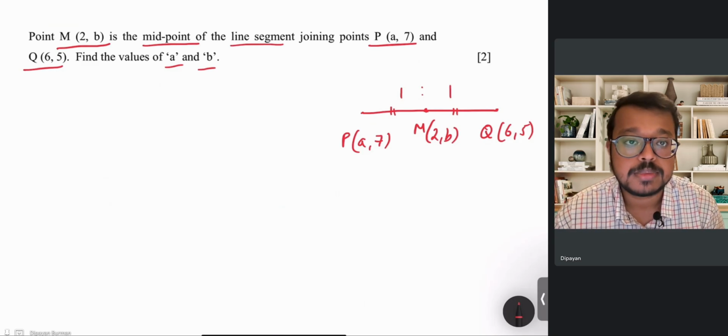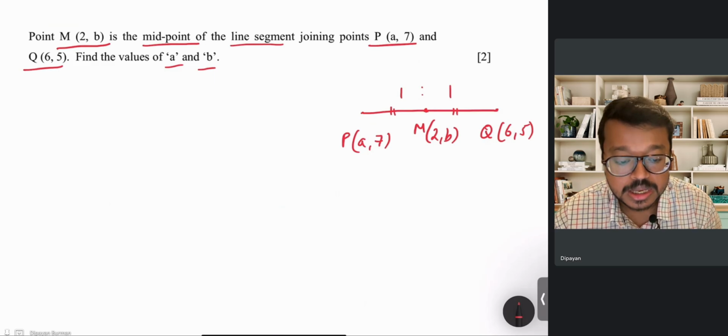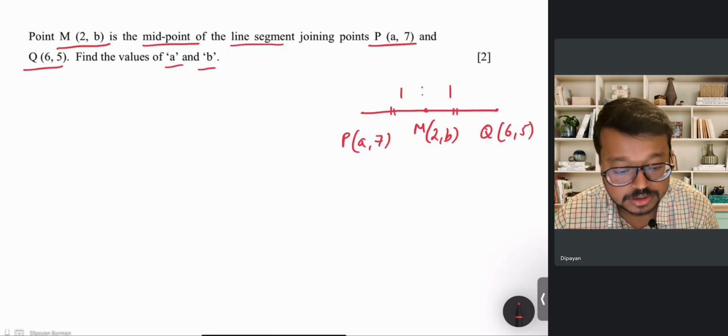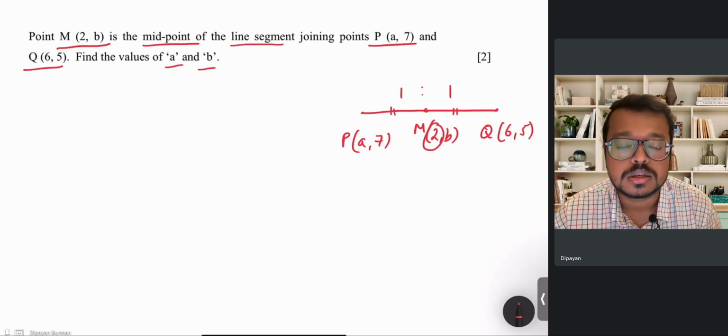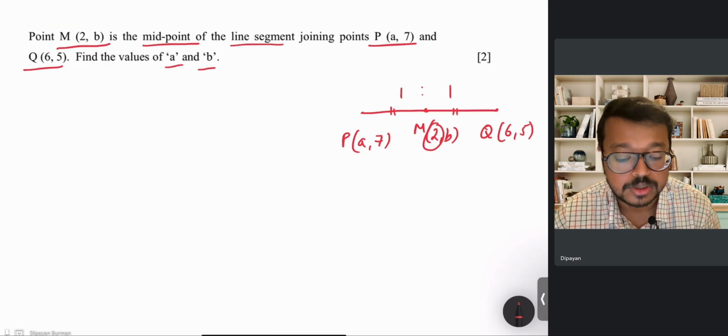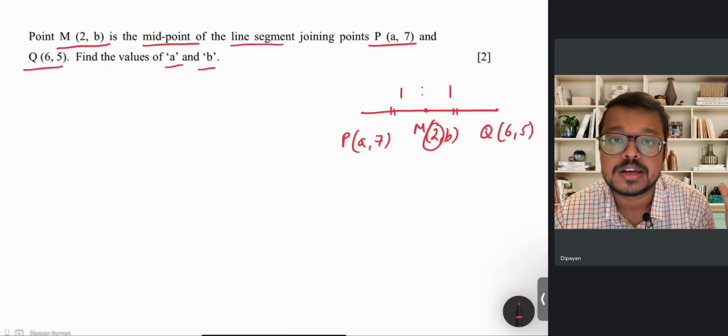So if I apply the midpoint formula, I will be able to get the coordinates of the midpoint M. Looking at the x coordinate of the midpoint, which is 2, I know that the x coordinate of the midpoint will be the average of the x coordinates of the endpoints.